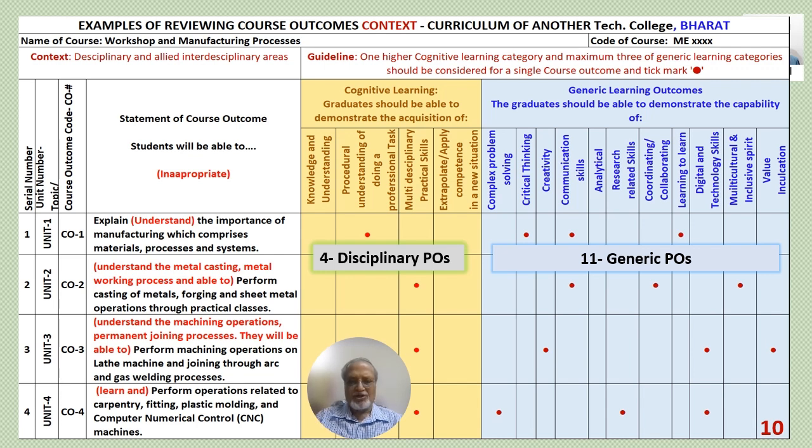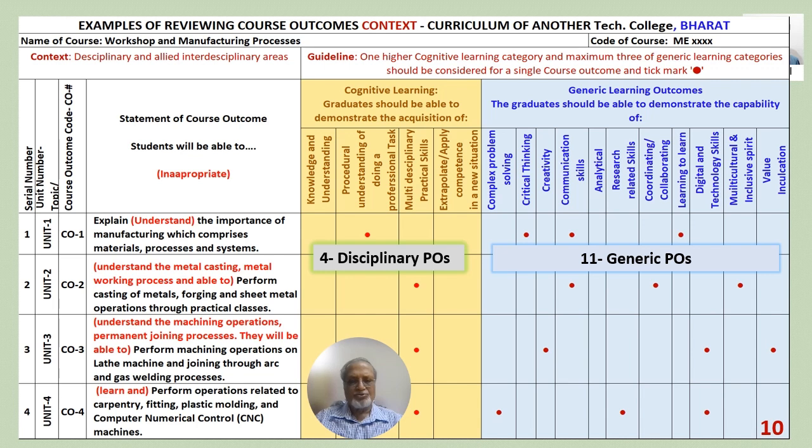And the bluish column, third column, fourth column is showing the generic skills which are related to the disciplinary POs. These generic skills are achieved with the help of the disciplinary POs and COs because these generic skills or POs are not directly taught, they are caught while the students learn the content or disciplinary POs.